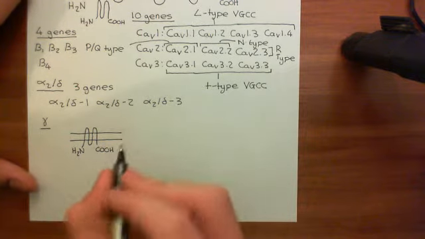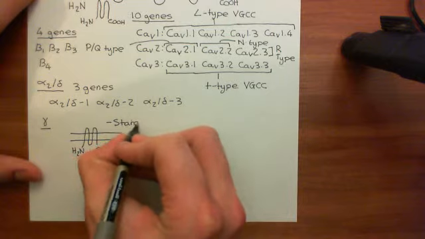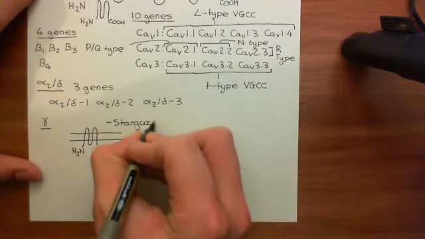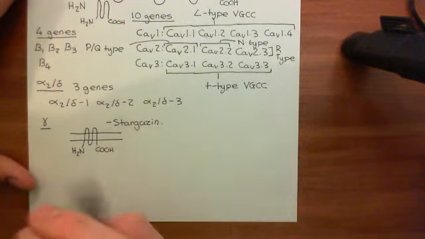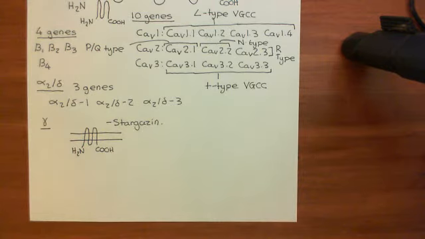Okay, now an example of a gamma subunit is the protein stargazin. Okay, and again, these gamma subunits can modify the electrophysiological properties of the alpha-1 subunit. So they can modify the conductance of the channel, they can modify what voltage it's actually going to open at, things like that. Okay, right. So that's the structure then of a voltage-gated calcium channel.